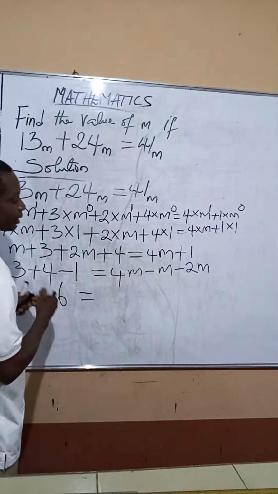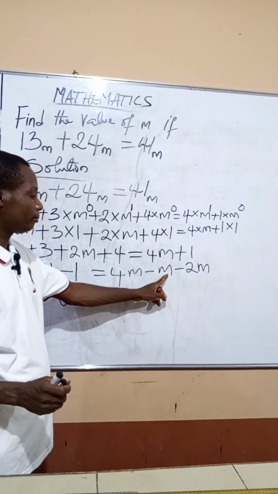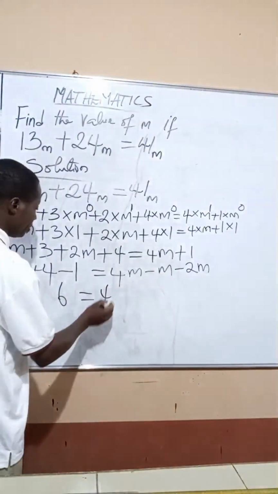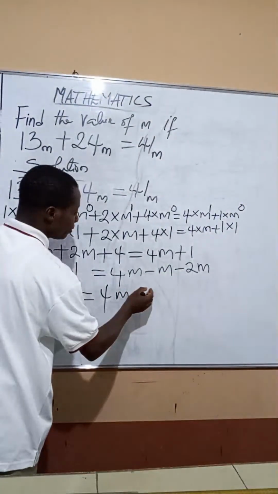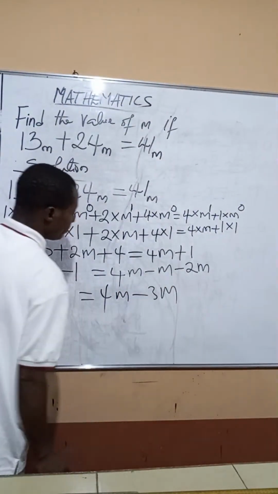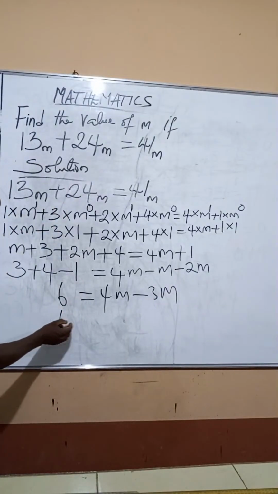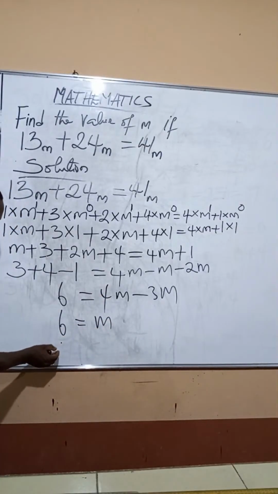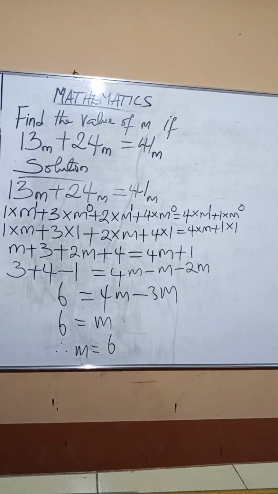Then at the right-hand side, 4m minus m minus 2m will give us, remember we have 4m, that's minus 3m. That's what it is. So that gives 6 equals m. Therefore, m is equal to 6. That's what it is here.